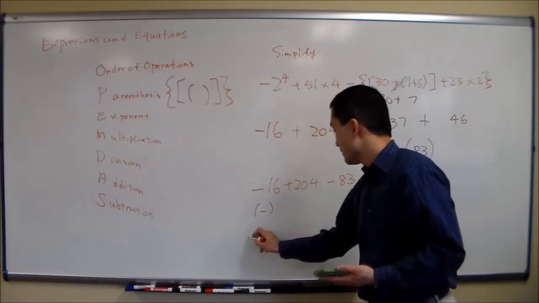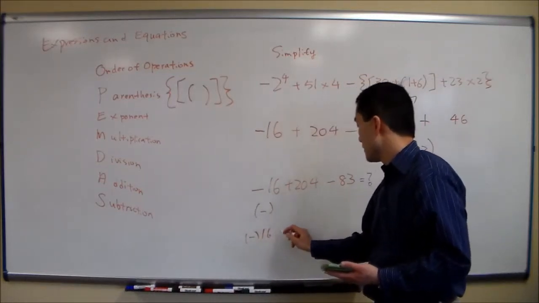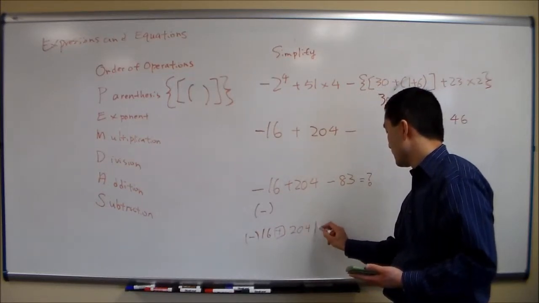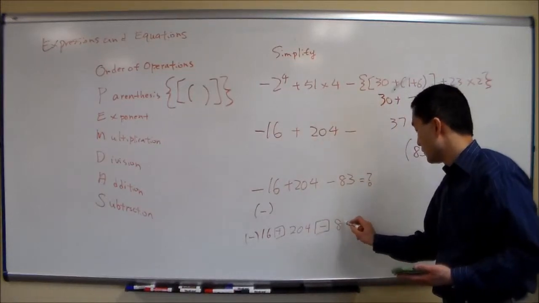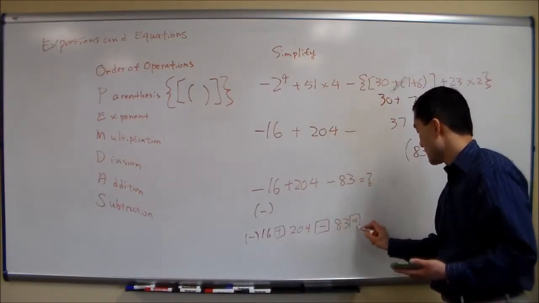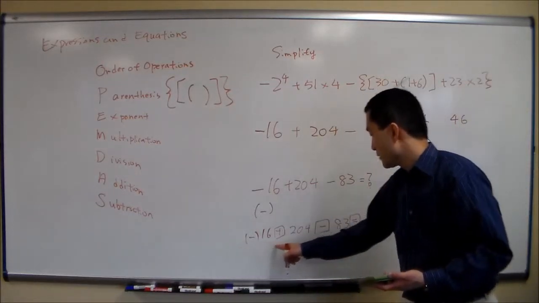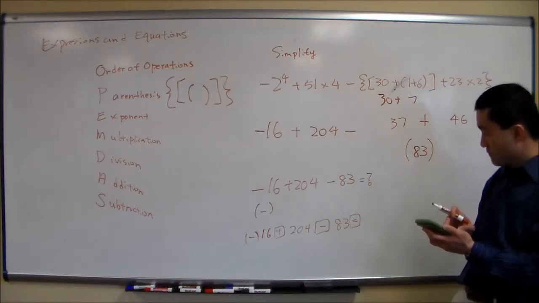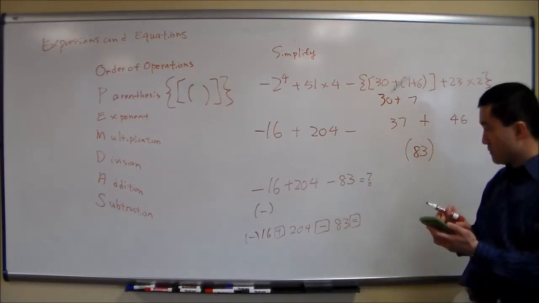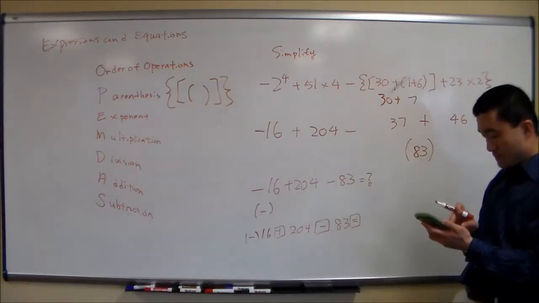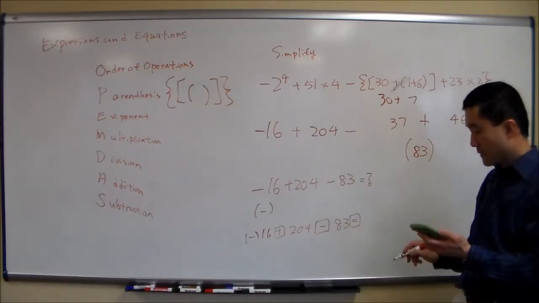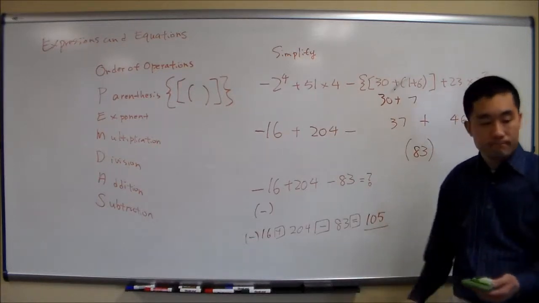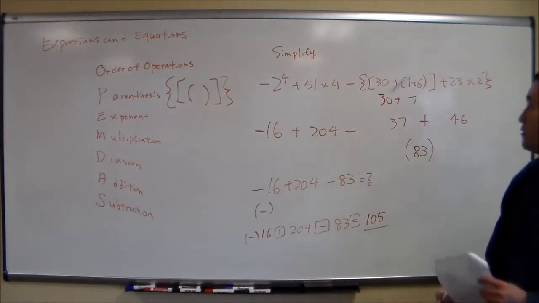So type that in, plus 204 minus 83. If you type in as you see here, you should get 105. So that's how you do this kind of problem.